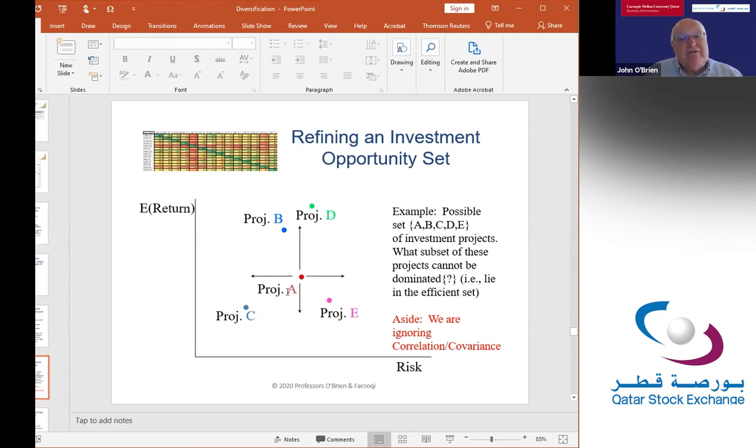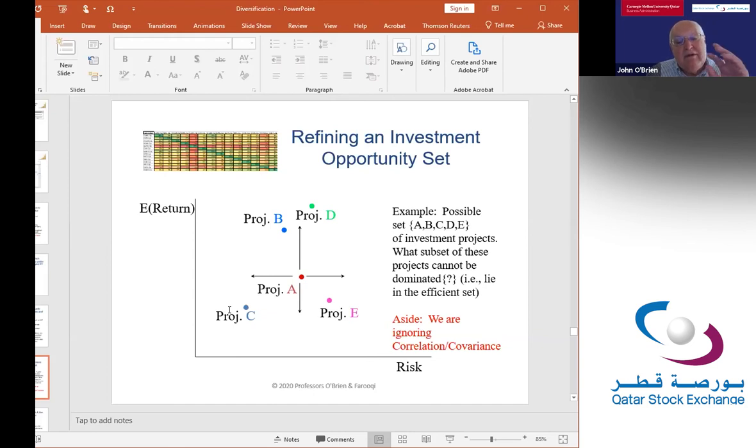So it turns out you can refine an investment opportunity set for risk-averse investors, and you can identify the subset of projects that do not get dominated. We can see that B dominates A, B dominates E, so A and E are knocked out, but B does not dominate D because D gives you higher return with higher risk. And B does not dominate C because C gives lower risk but a lower return.